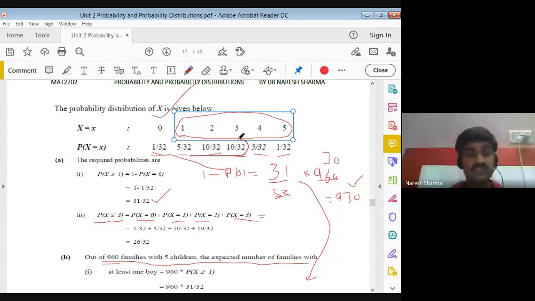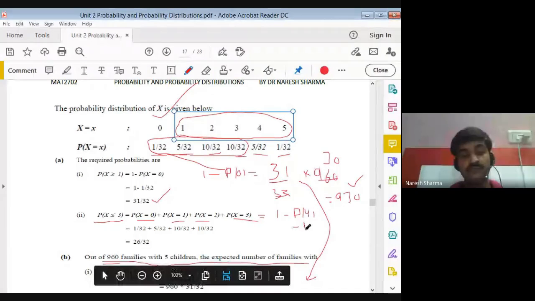Another thing you can do is subtract P4 and P5 from 1. This is also another option. Once you do either one, that is your choice, you get 26 by 32, which is your probability.